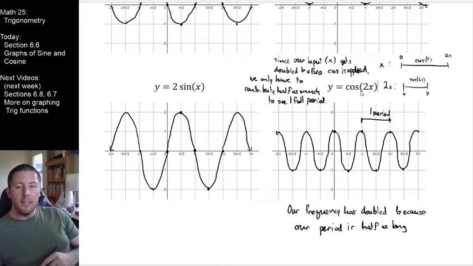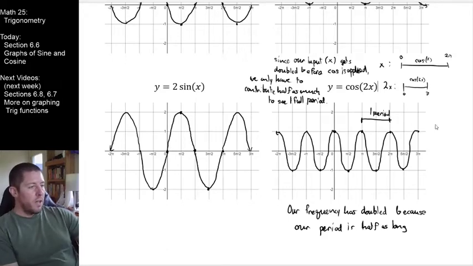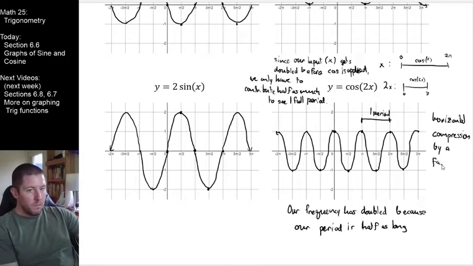We all have a non-academic, at least, definition of frequency in our heads. And so I'm going to label this as a horizontal compression by a factor of 2, meaning we're only half as wide.